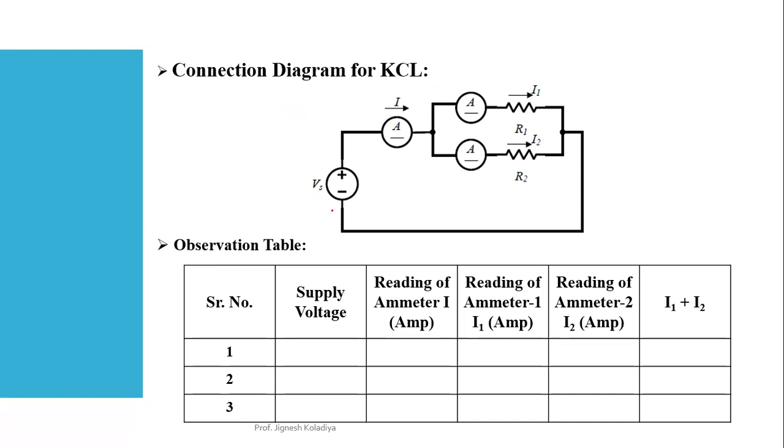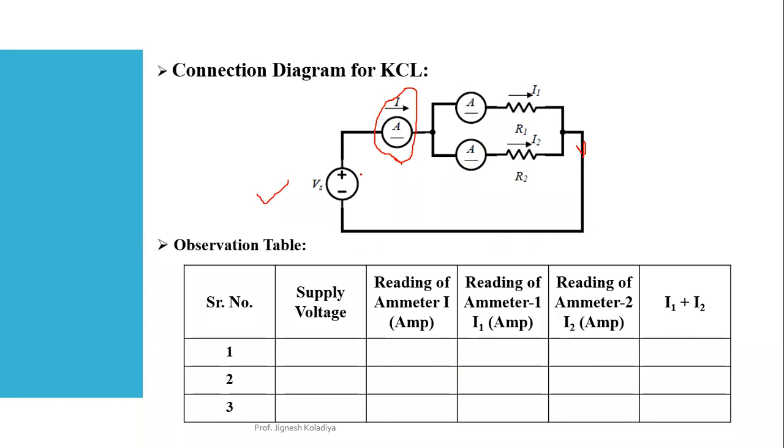So for that we require one voltage source, one ampere meter which will read the total current, then two different branches. We have two resistances, so two branches are there. I want to measure the current from each branch. This will be my I1, this is I2, and over here I'm getting I again.